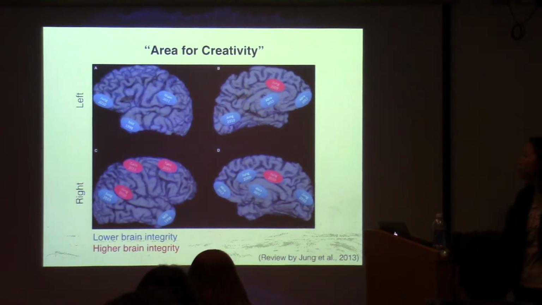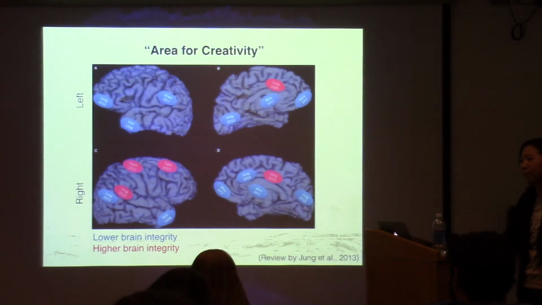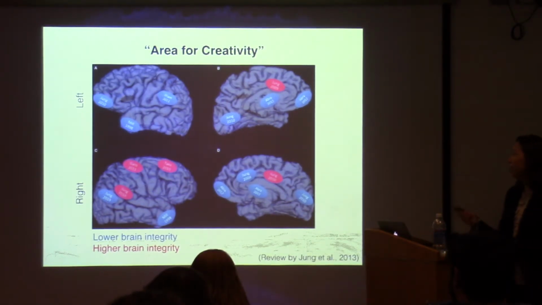So what happens after we have this technology of imaging the brain? People got interested in some of the structural differences between people who are so-called creative and normal people. And this is a paper that summarizes a number of studies that look at people who scored high on the psychological test of creativity and people who scored normal average on the test.